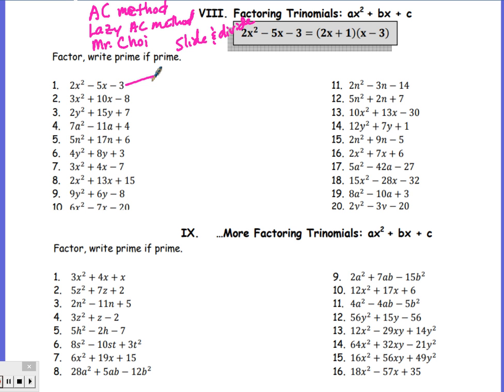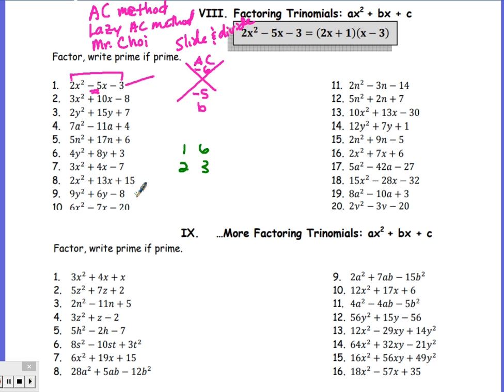We're going to do the AC method. So we're going to multiply our A and our C. A times C would be -6, and B goes here, -5. So we need to find two values that multiply to get -6 and add to get -5. 6 and 5 are always tricky because it's 1 and 6, and 2 and 3, I could get 5 either way.